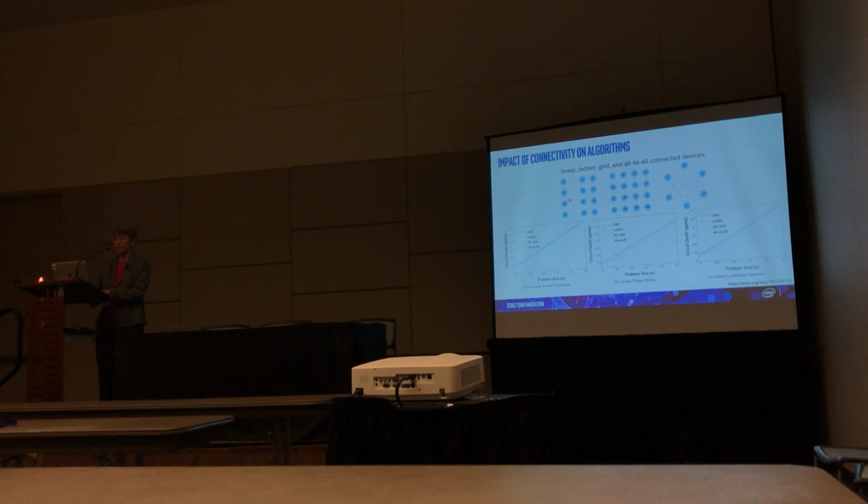So we looked at a line of qubits, a ladder of qubits, a 2-dimensional grid of qubits, and then all-connected devices. The thing we found interesting was that for certain representative workloads, like the quantum Fourier transform, the line behaved almost as well as the all-to-all connected device.